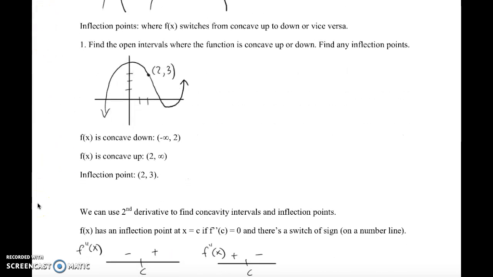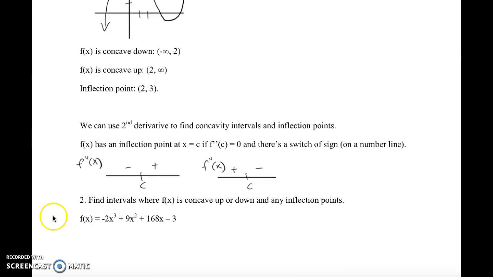All right, so let's go ahead. We can use a second derivative test to find the concavity intervals as well as our inflection points. f of x has an inflection point at x equals c if the second derivative at c is equal to 0, and there's a switch of sign on the number line.